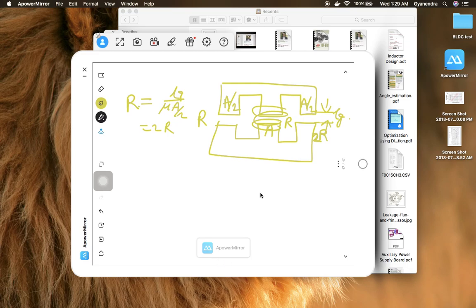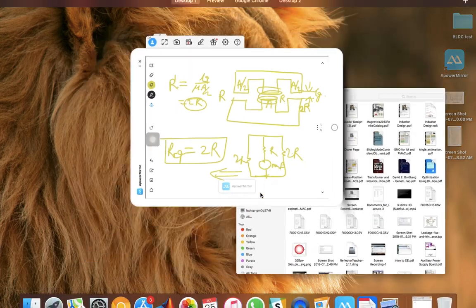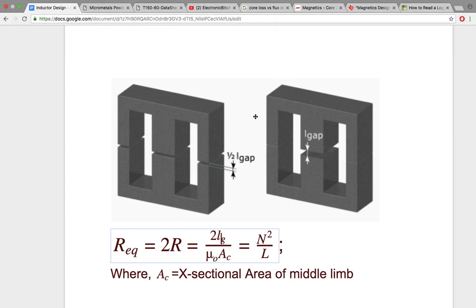So this reluctance here is nothing but twice the reluctance here. If we write the electrical analogous circuit, you will get something like this: 2R, 2R, 2R, and this is your MMF. If you find the equivalent reluctance, you will see that it comes to 2R. These two are in parallel, so it becomes R, and then in series they become 2R. So that is what is being shown here.